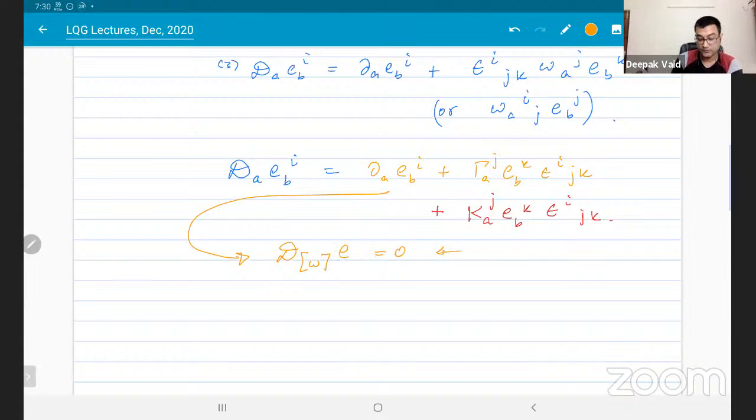But this is equal to 0 by definition. And this other one, what is this? This is K_AJ E^b_K epsilon IJK. Well, what is this? This is 0 because this is the constraint.